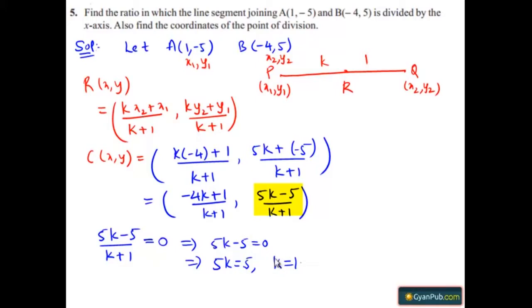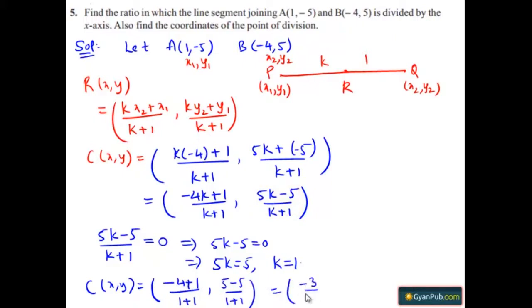Substituting k value as 1, we get the coordinates of C as C(x, y) = ((-4 + 1)/(1 + 1), (5 - 5)/(1 + 1)), which is equal to (-3/2, 0), since -4 + 1 is -3, 1 + 1 is 2, 5 - 5 is 0, and 0 divided by 2 is also 0.